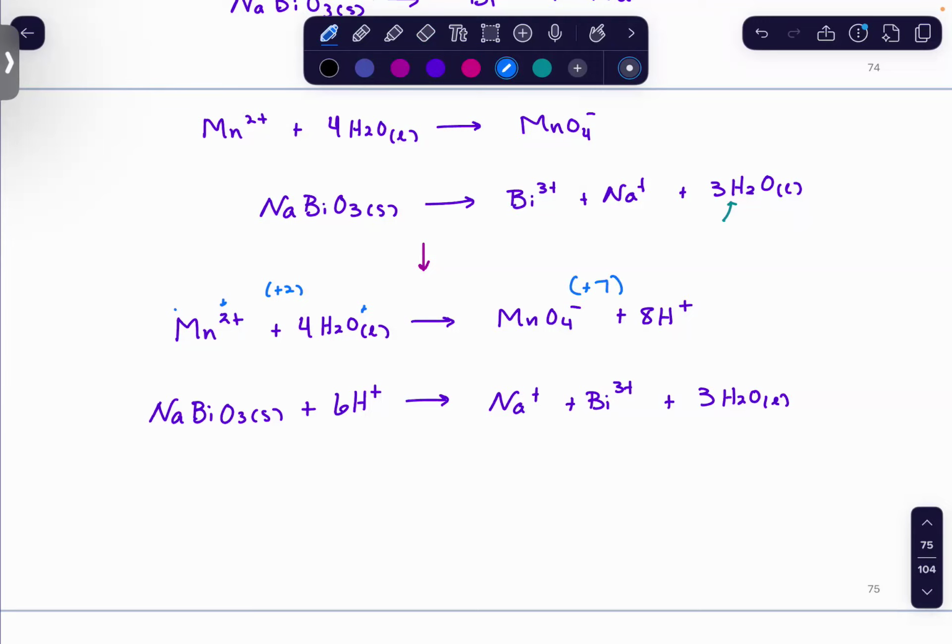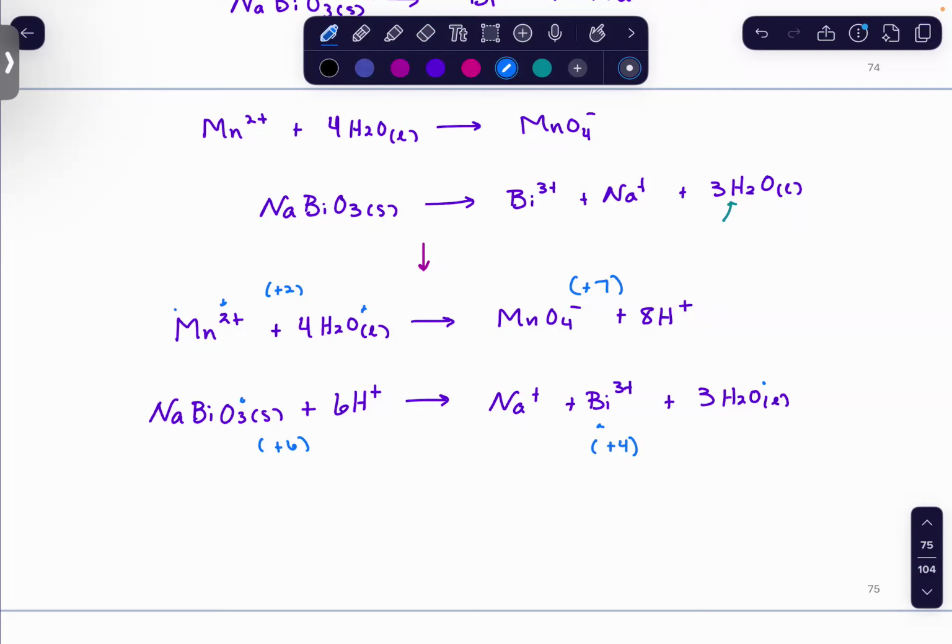What about my bismuth equation? Well, I have a neutral and a +6. So this whole side is +6. Then I have a +1, +3, and neutral. So that means this whole side is going to be a +4.